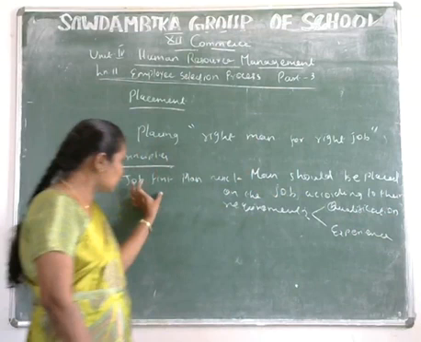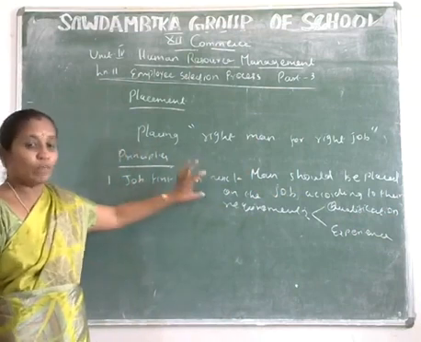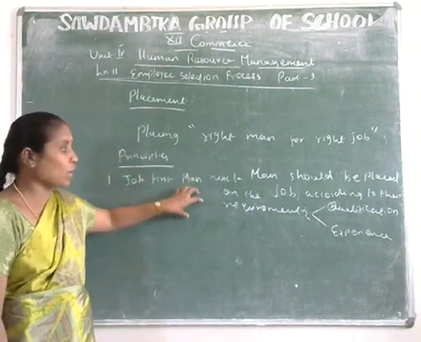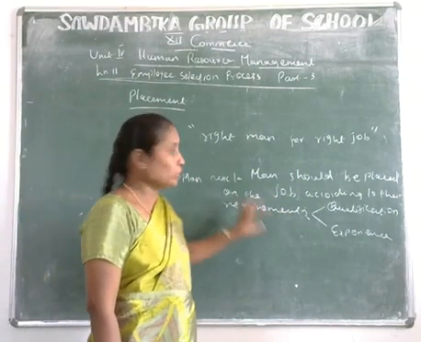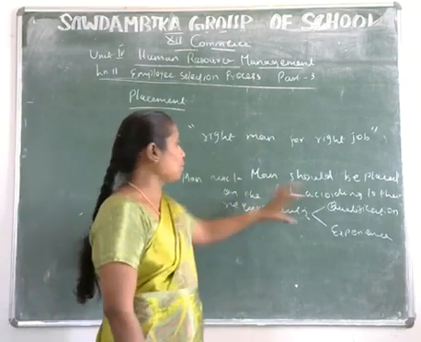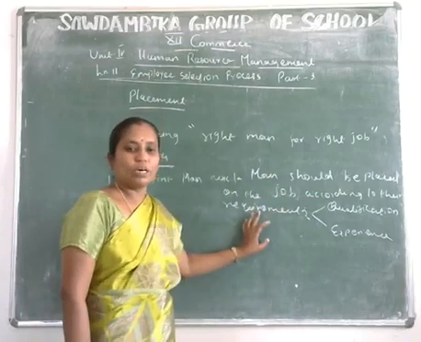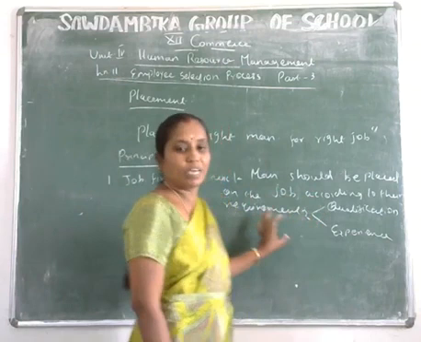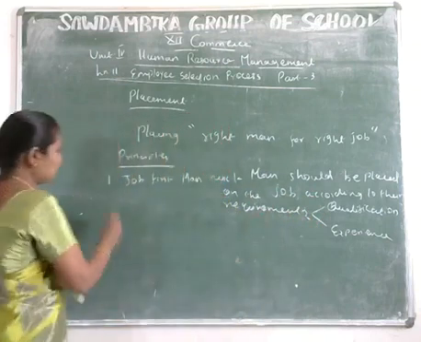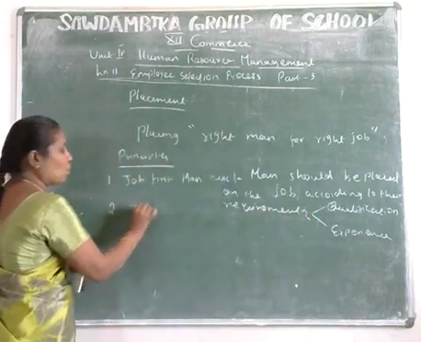So job first, man next. Every organization first has to understand the qualification and experience of the candidates. So man should be placed on the job according to their requirements, which means qualifications and experience. And then the next one is job offered.